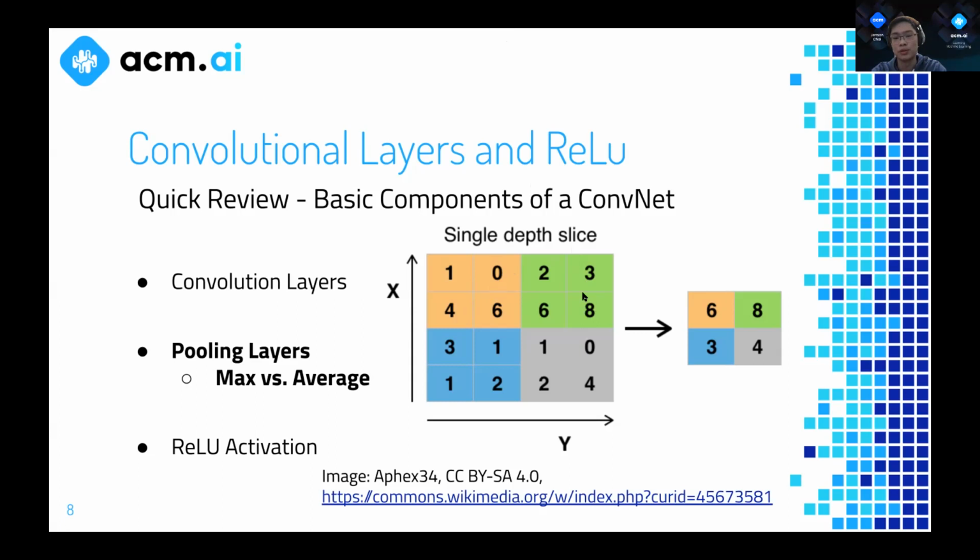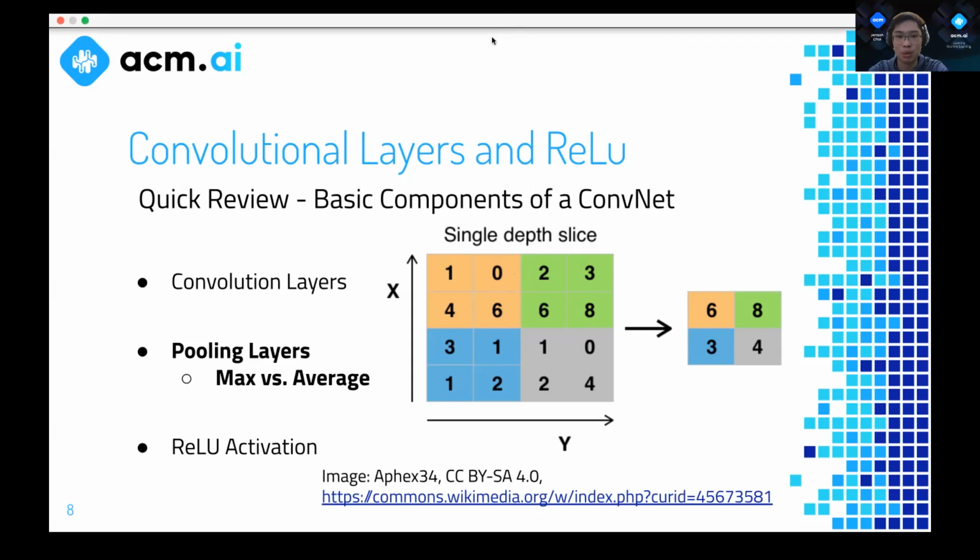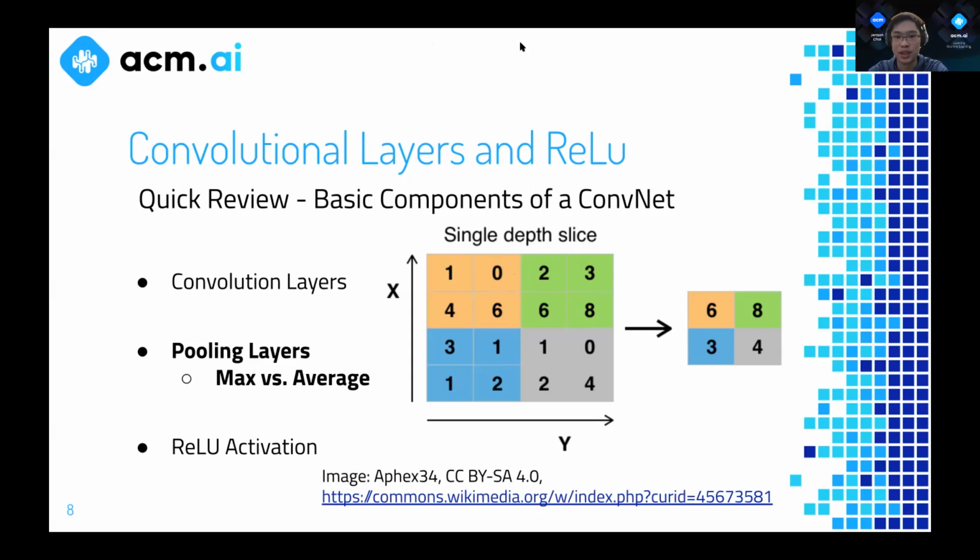For example, if this 8 here is rotated slightly to where this 2 is, then the output of your pooling layer is still going to be the same. So this serves as a way to suppress noise in your input.